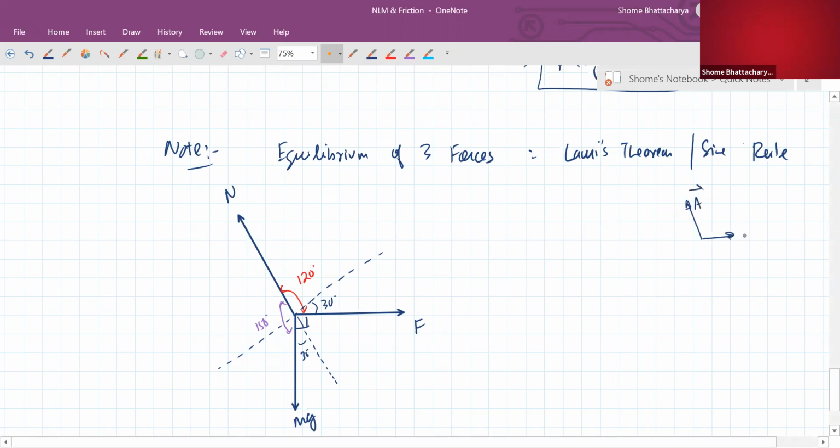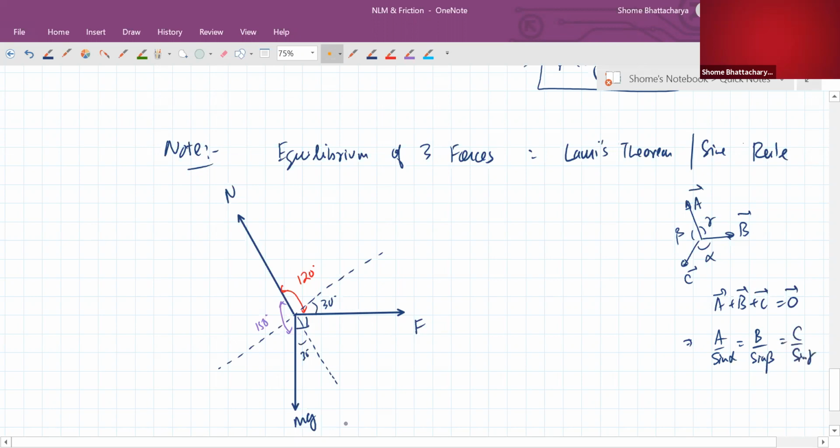if the vector sum of A, B, and C is equal to 0, and these angles are alpha, beta, and gamma, then the condition for this is that A upon sine alpha will be equal in magnitude to B upon sine beta will be equal to C upon sine gamma.